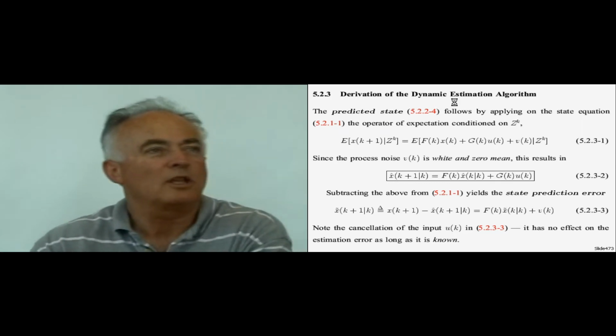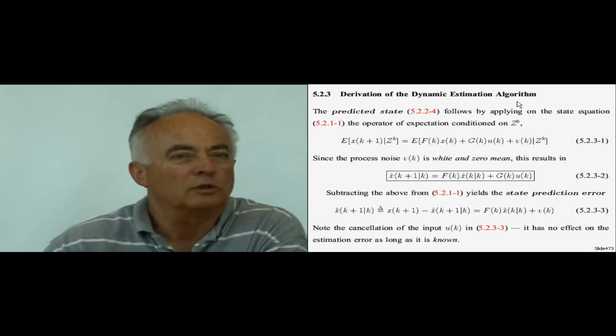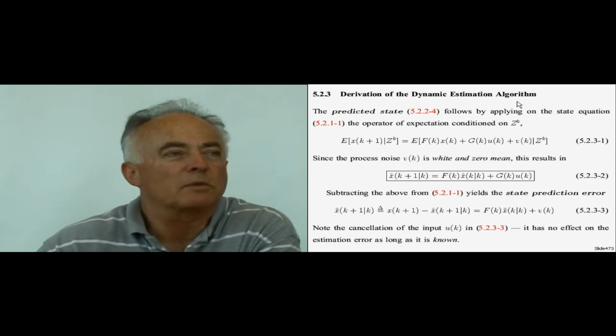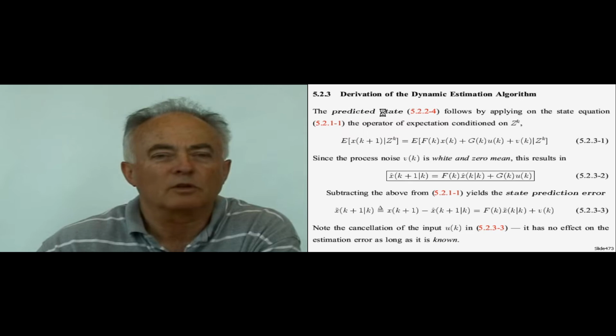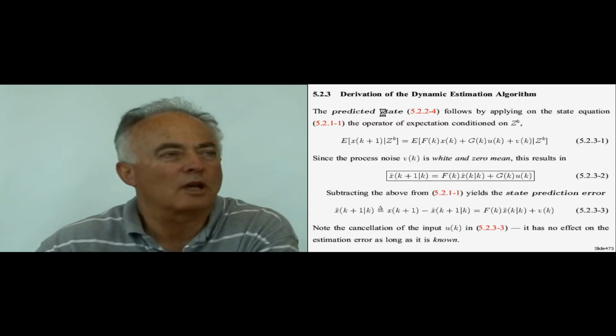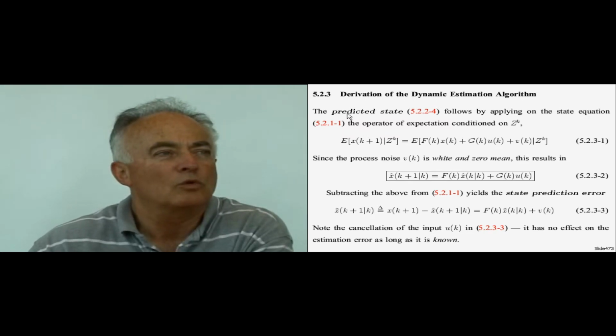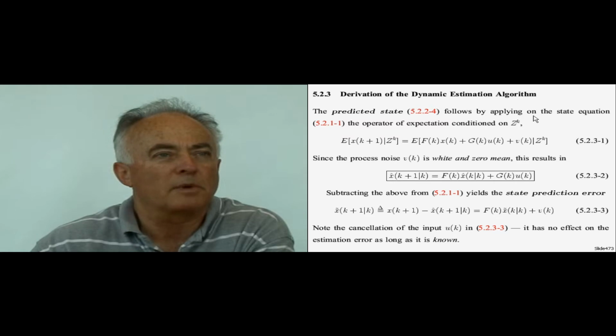Okay, to obtain the dynamic estimation algorithm, now we can go one step at a time, and first, having the estimated state at time k, we'll use it to obtain the predicted state. And this is obtained by applying on the state equation the operator of expectation conditioned on z super k.